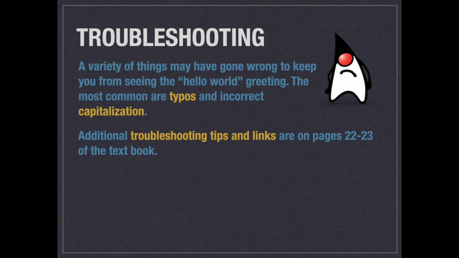There are certainly lots of possible mistakes that you could make at this point. I've got coverage in the book on a couple of pages, 22, 23, around that area. There's a table that lists all the common ways people make mistakes: misspellings, miscapitalizations, missing or extra braces, brackets, parentheses, and quotation marks, which is very common.